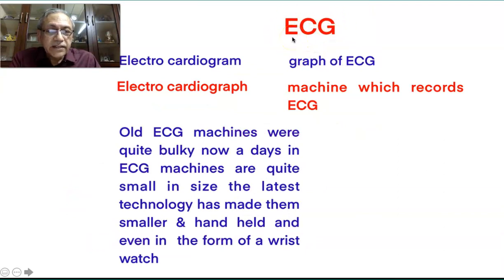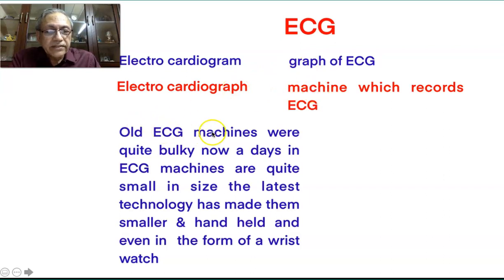ECG is electrocardiogram. So electrocardiogram is in fact the graphical representation of the electrical activity of the heart. Now electrocardiograph is the machine which records the ECG. So gram is in fact the graph and the graph is in fact the machine.